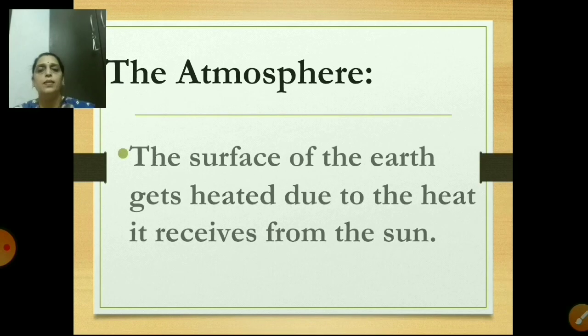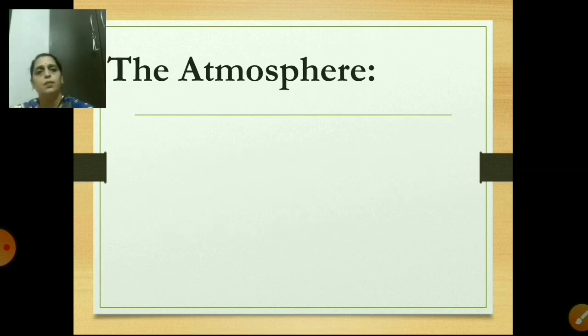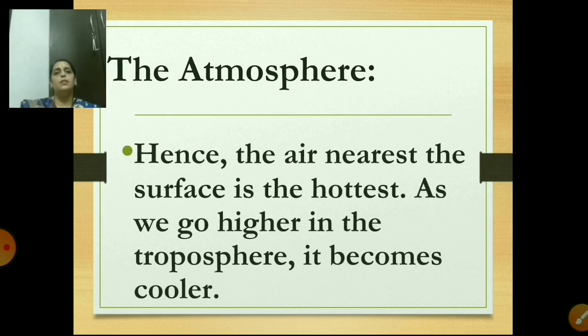Now the next, the surface of the earth gets heated due to the heat it receives from the sun. This means due to the heat received from the sun, the surface of the earth gets heated. Hence, the air nearest the surface is the hottest.